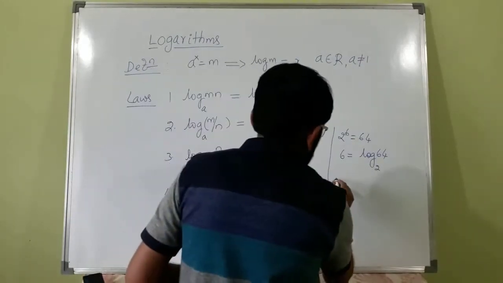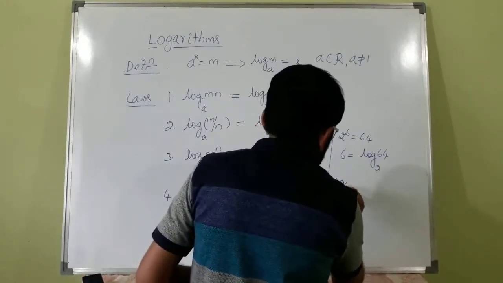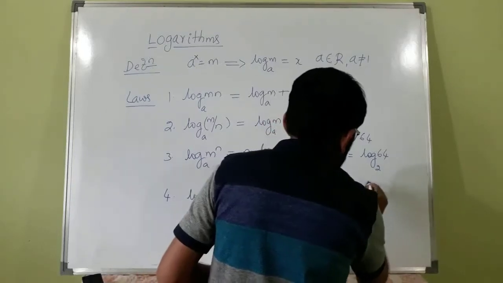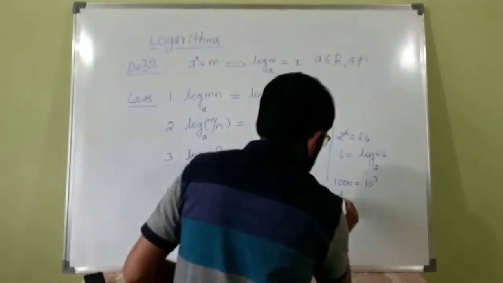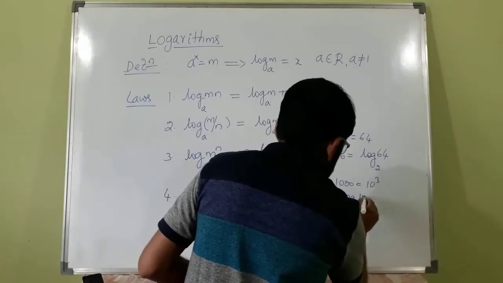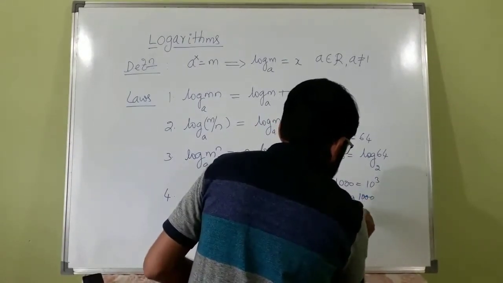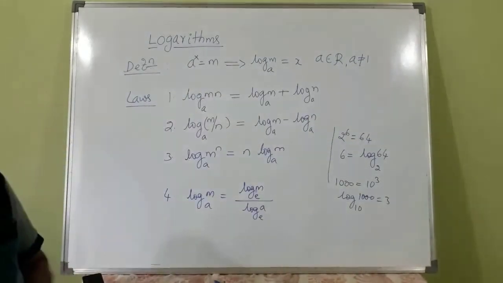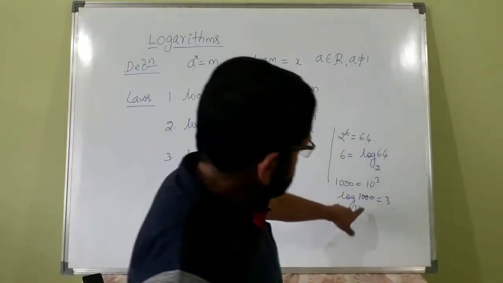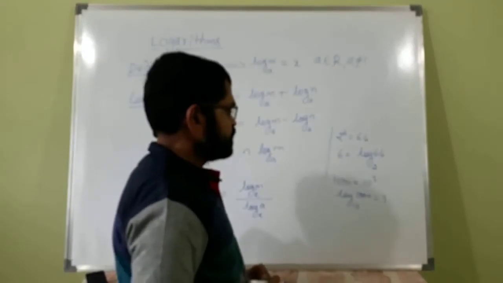Suppose 1000 is nothing but 10 cube, or log of 1000 to the base 10 is equal to 3.